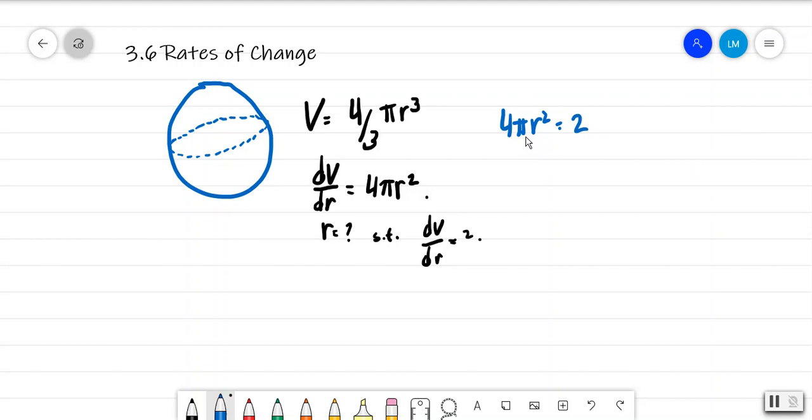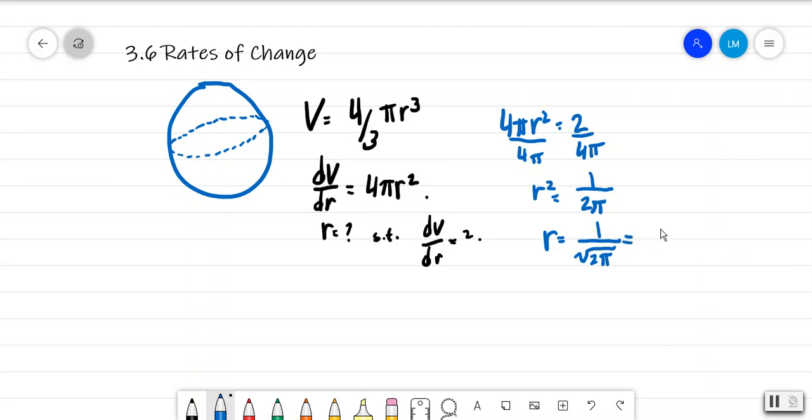What we do from here is solve for r by dividing by 4 pi on both sides. So we end up with r squared equals 1 over 2 pi. That means that r is equal to 1 over the square root of 2 pi.